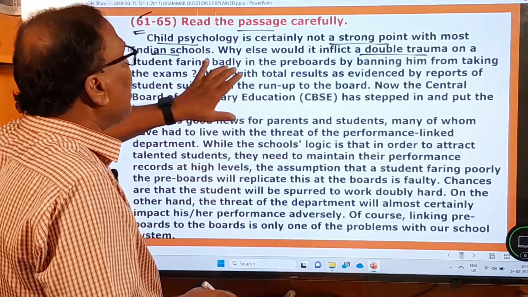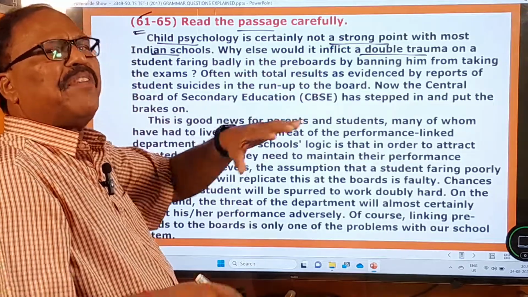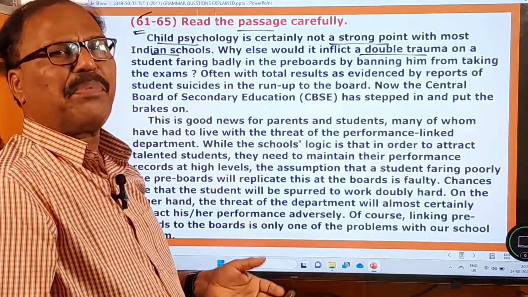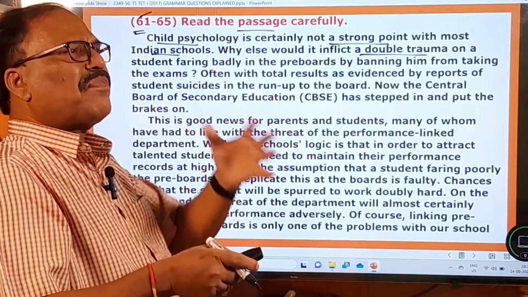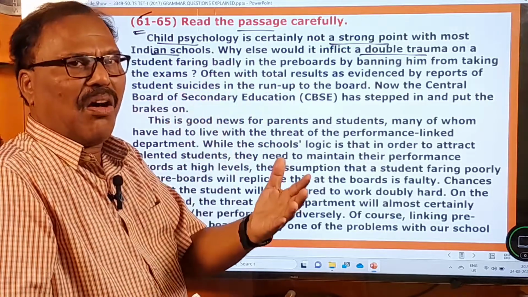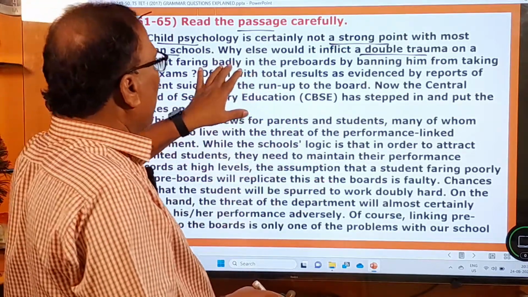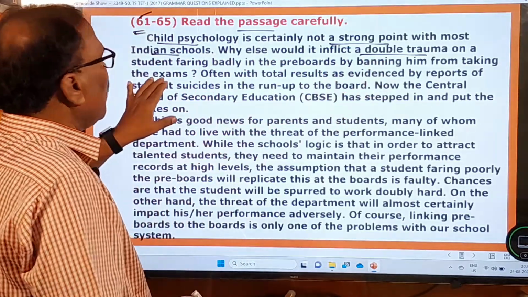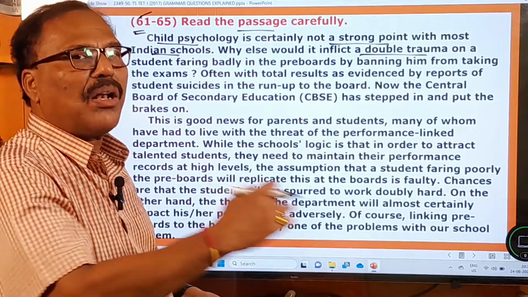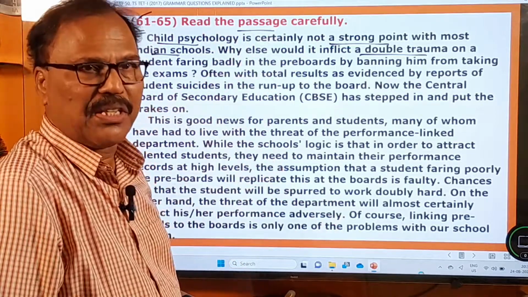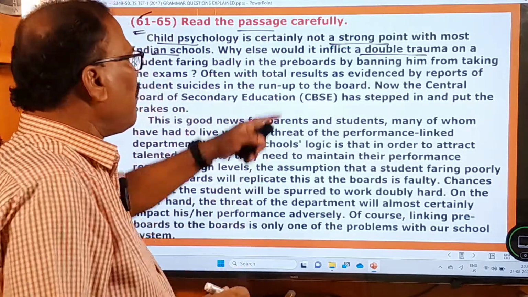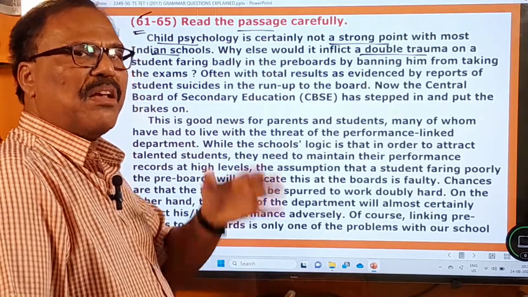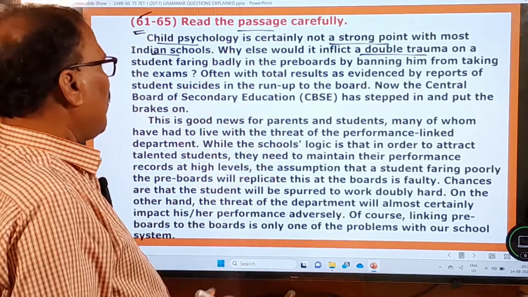Students faring badly in the pre-boards, pre-final examinations. Pre-boards means pre-final examinations. If the students fare poorly, then they are not allowed. Banning them from taking the exams means they are not allowed to take the board examinations. Board examinations are different from pre-board examinations. Pre-board means pre-final examinations. That is what you have to understand.